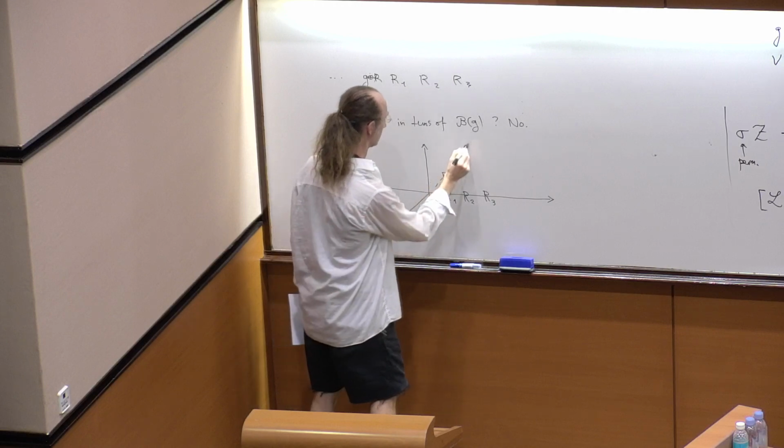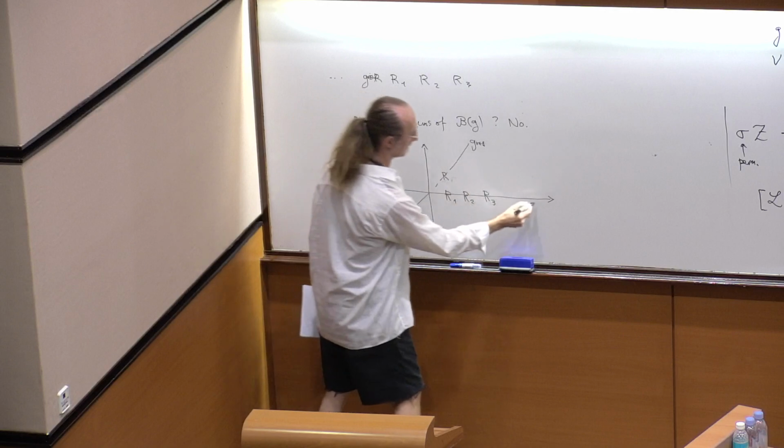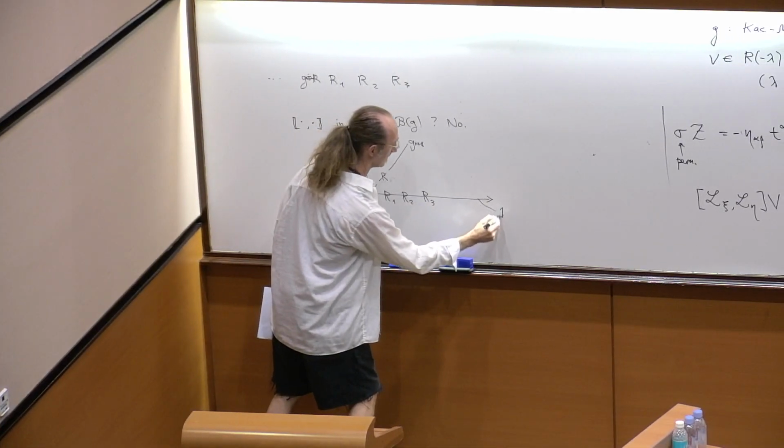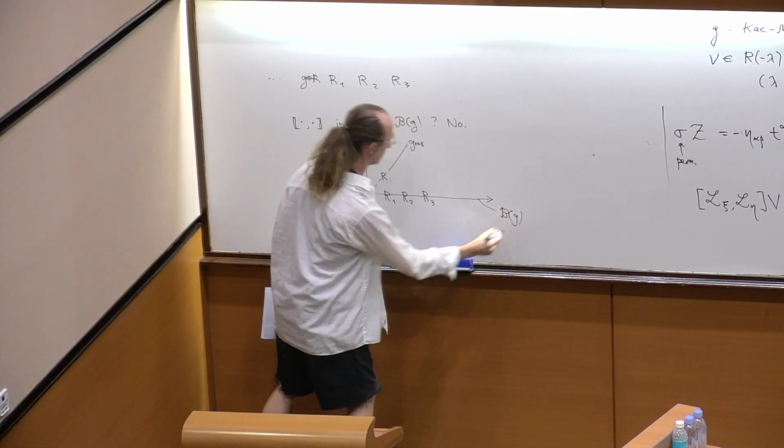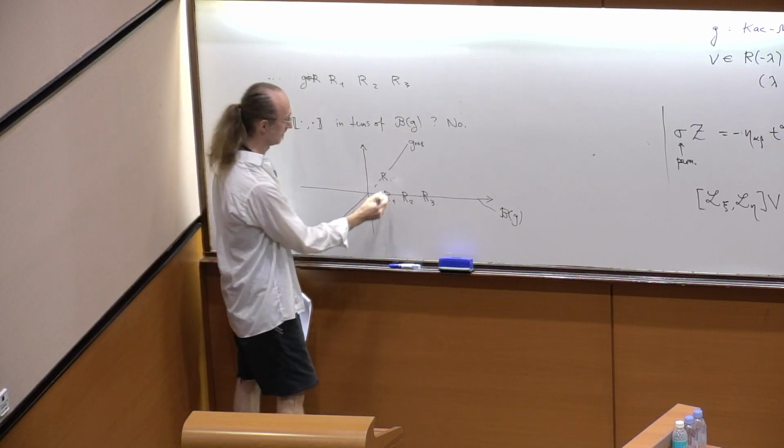I choose the grading, so I have this GR plus 1 at this line, and this B of G on this line. So I just try this horizontal line first.